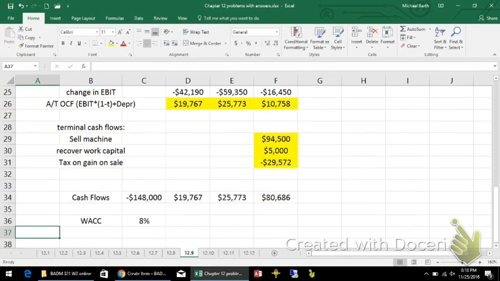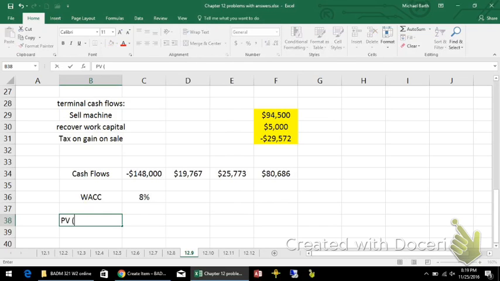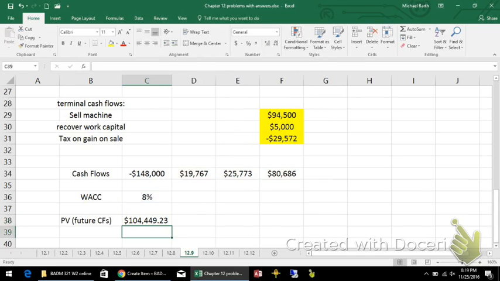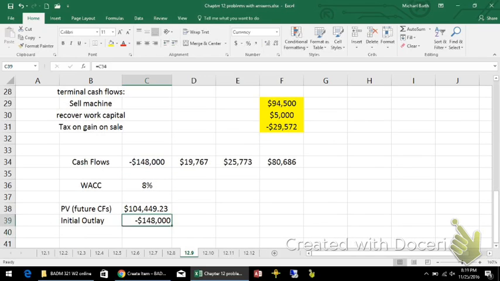So the present value of the future cash flows is 104, and the initial outlay 148.